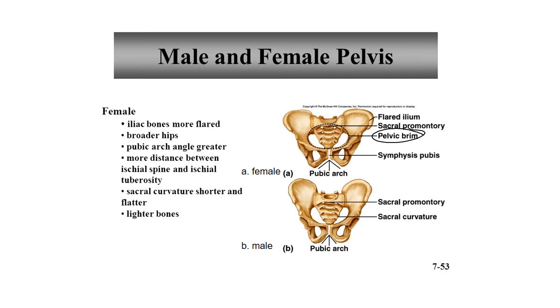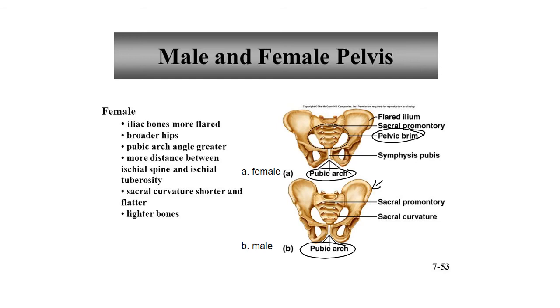There's a wider pubic arch at the pubic symphysis in women than there is in men. And the ilium in men projects more superiorly, whereas in women it flares out and projects a little bit more laterally. And the bones in the female are a little bit lighter as well.